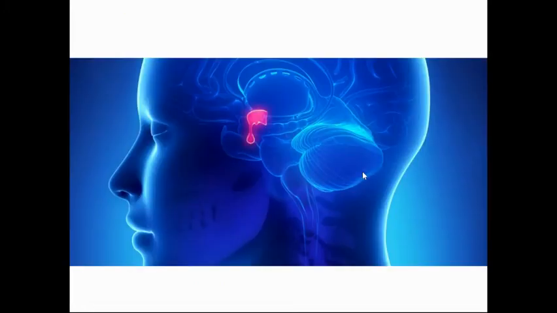So here is the diencephalon of the brain. The bottom of that, in there we have the hypothalamus. Hanging from that, we've got the pituitary.